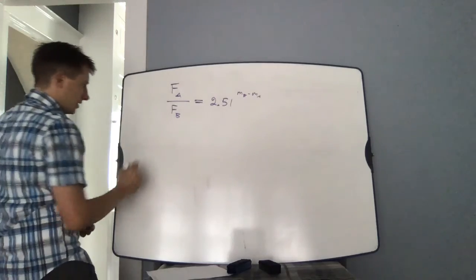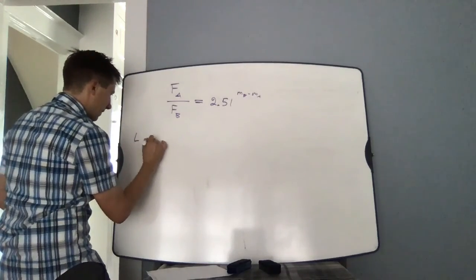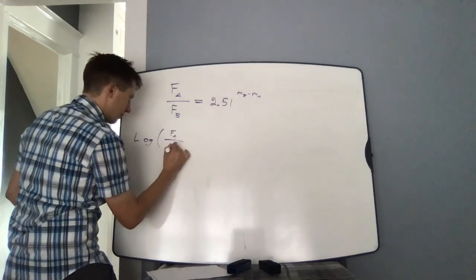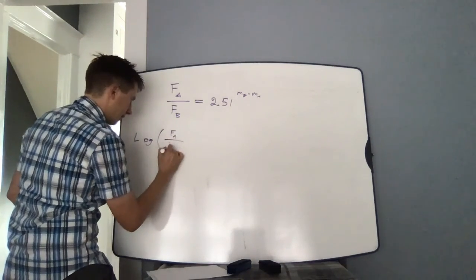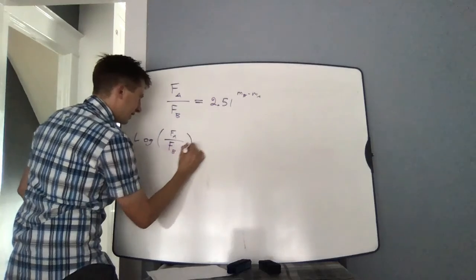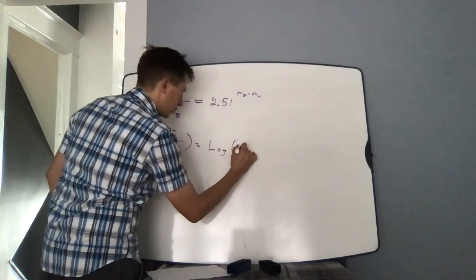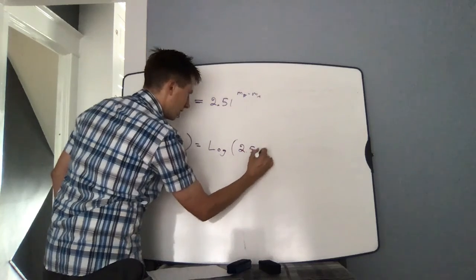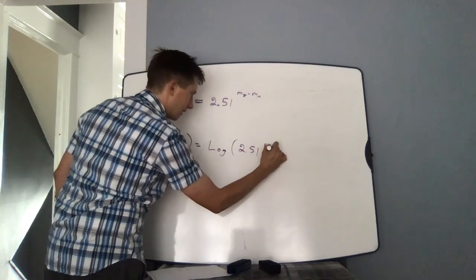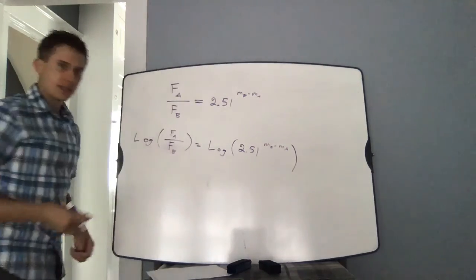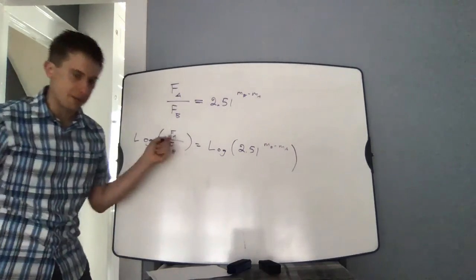So I could write log of FA over FB is equal to log of 2.51 raised to the MB minus MA. I do something to one side, I have to do it to the other.